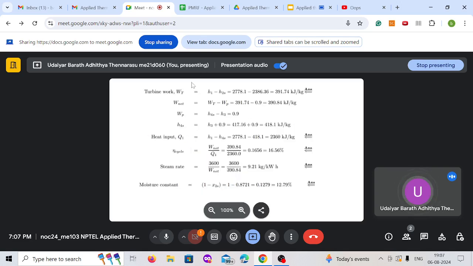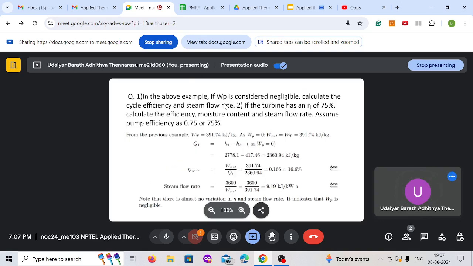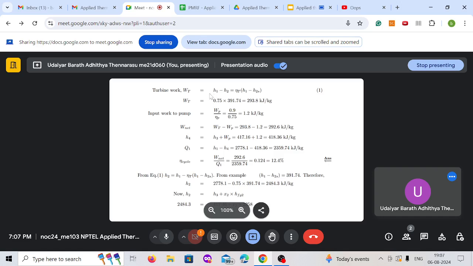If that's the case, the turbine work is H1 minus H2, which can be found using the turbine efficiency. The turbine efficiency is defined as the actual work output divided by the ideal reversible isentropic process work output.